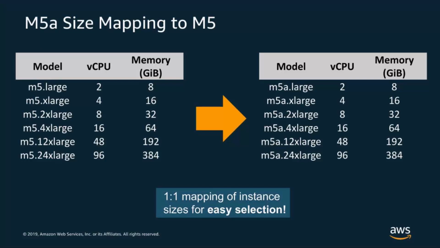This one-to-one mapping of instance sizes makes it very easy for your selection process, especially if you're already using M5, or if you're using a previous generation like M4 and you migrate to M5a, you also have the flexibility to move to M5. So this one-to-one mapping is designed to make it very easy as you migrate to our latest generation instance types.